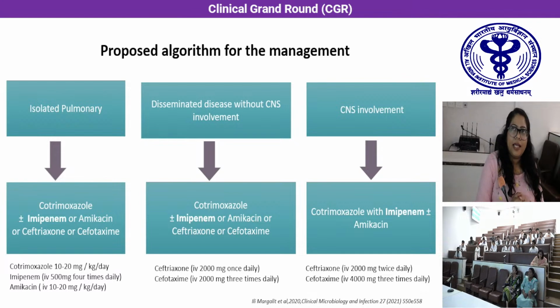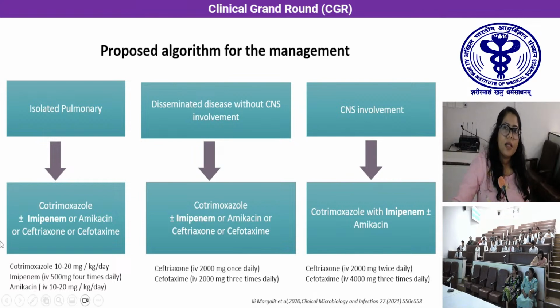So the proposed algorithm for management covers isolated pulmonary cases, disseminated cases without CNS involvement, and with CNS involvement. For isolated pulmonary cases, cotrimoxazole along with imipenem or amikacin or cefotaxime can be used. If there is no CNS involvement, we can give cefotaxime at a dosage of IV 2000 milligram once daily.